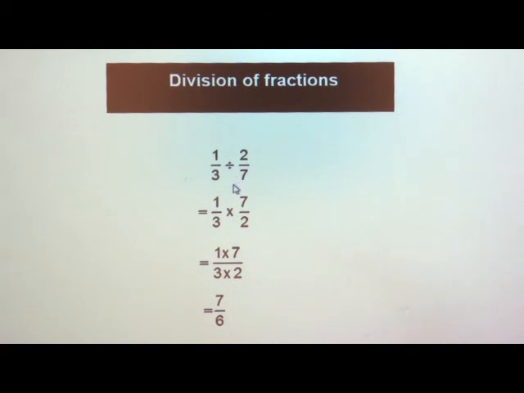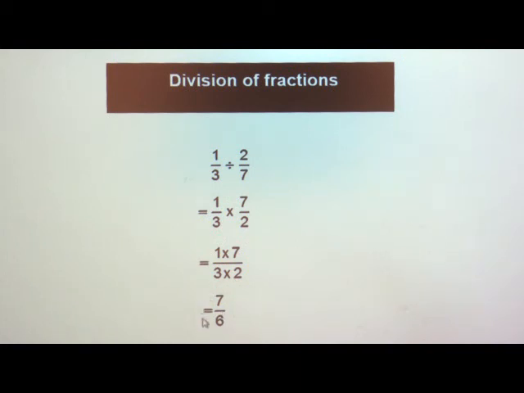So for 1 upon 3, first the division will change into multiplication, and we write the reciprocal or multiplicative inverse of the second fraction, that is 7 upon 2. After this we multiply both numerators and both denominators. So we write 1 into 7 over 3 into 2, that is 7 ones are 7 and 3 twos are 6. So after division we got 7 upon 6.